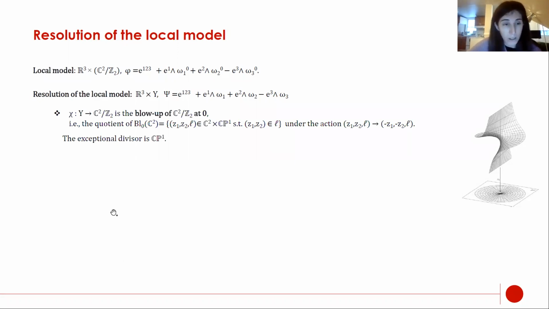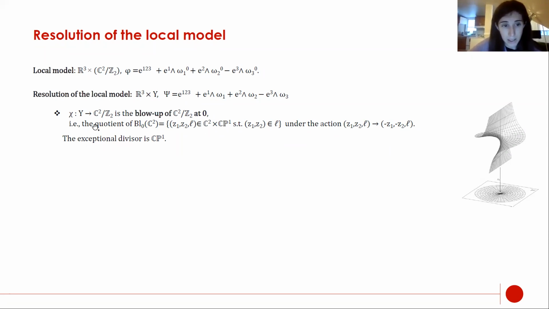And it is well known that the resolution of our orbifold is the blow up at 0 of the complex plane quotiented by Z2. One can view this as the quotient of the standard blow up of the complex plane, which are the pairs of points in C2 and lines in CP1 such that the point lies on the line, under the action of -1 acting on C2.